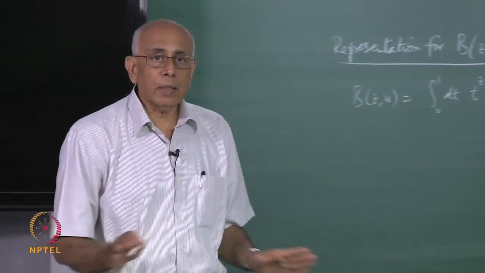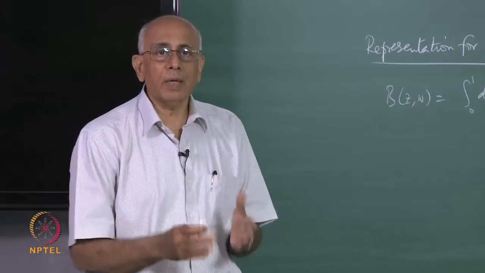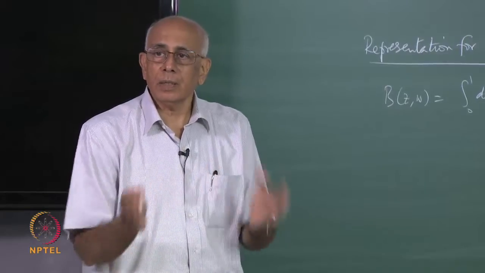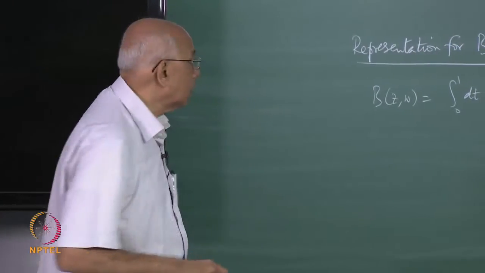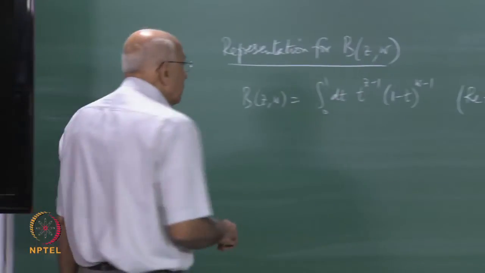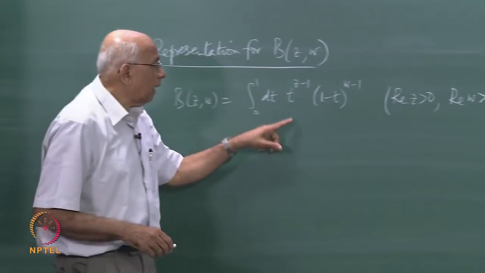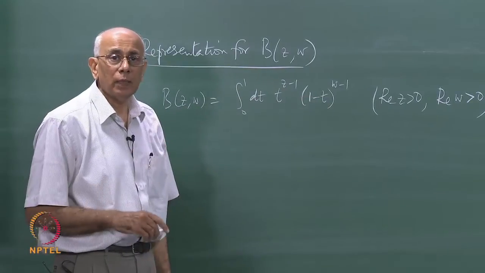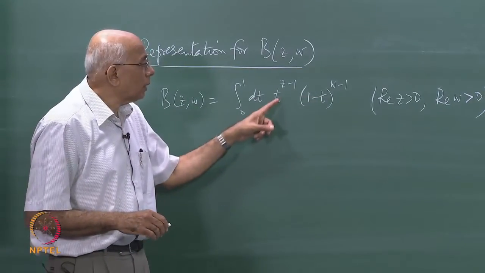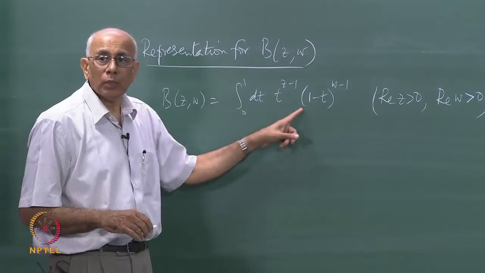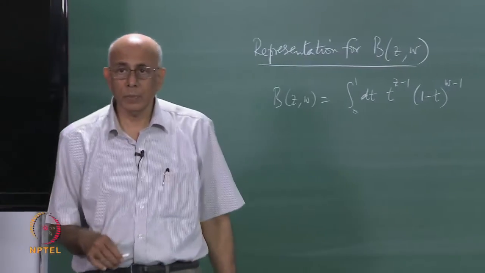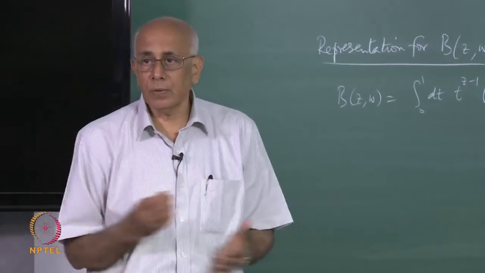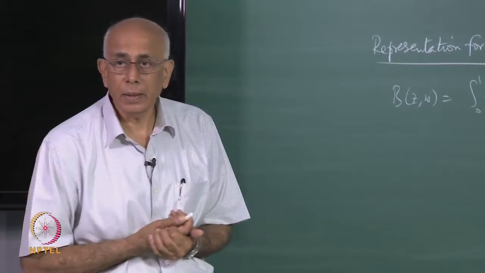So that method does not work unless you specifically would like to have a representation in some strip or the other. On the other hand, we could exploit the fact that this function, as a function of t in the t plane, has a branch point at t equal to 0 and another branch point at t equal to 1, and we know the phases of these functions on the principal sheet.